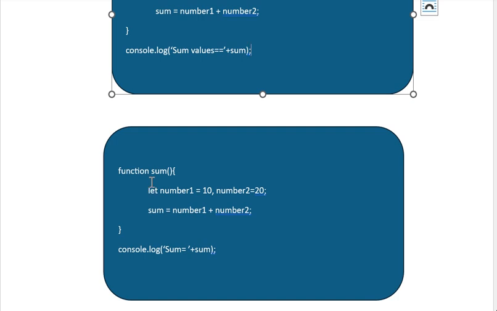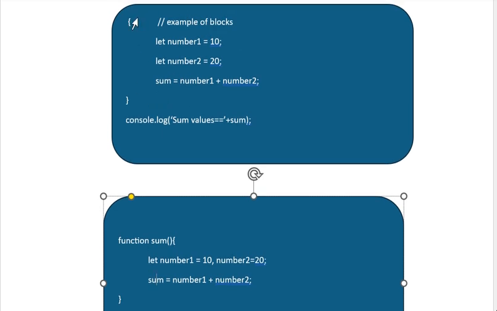But sum is not declared inside or outside the function, yet we use it here and try to print console.log sum outside of the function. So a variable defined without a variable keyword is called a global variable, and it can be accessed outside of the function, inside the function, outside of the block, or inside the block.